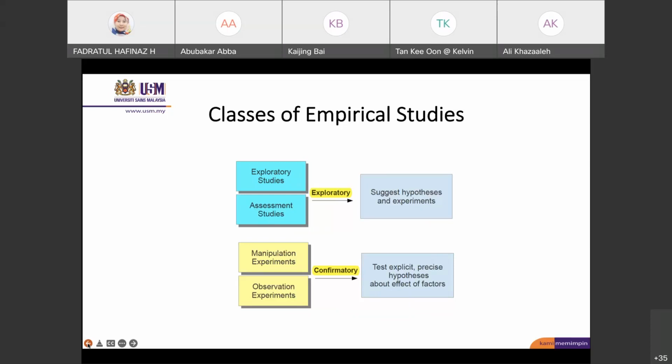Let's say you want to study the effects of certain drugs on the Malaysian population. You don't have to collect the whole Malaysian data, so you only need a certain sample. The assessment study helps you develop the baseline or range of data that is needed. Am I answering your question?